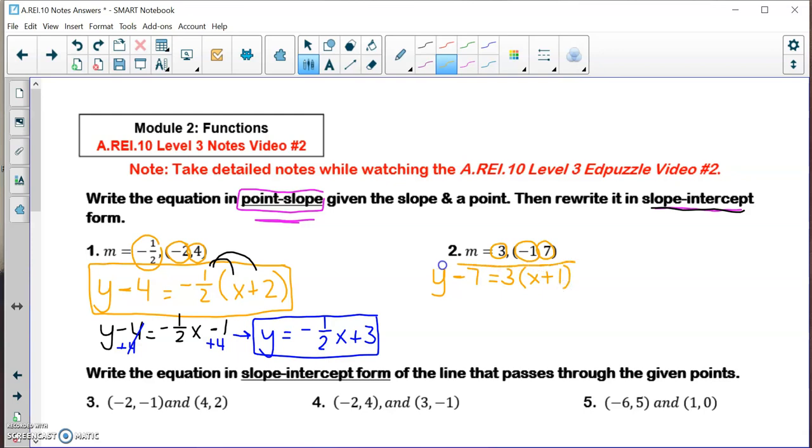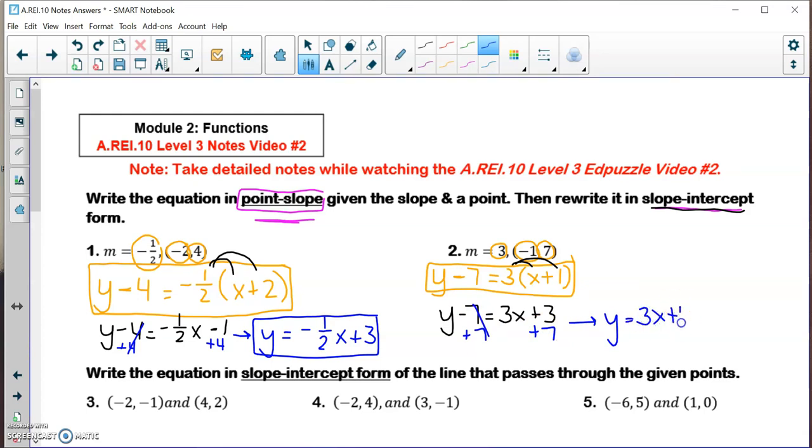So this is in point-slope form. Now we're going to rewrite this equation in slope-intercept form by first distributing the 3 into the parentheses, and then adding 7 to both sides. So now I have my equation in slope-intercept form.